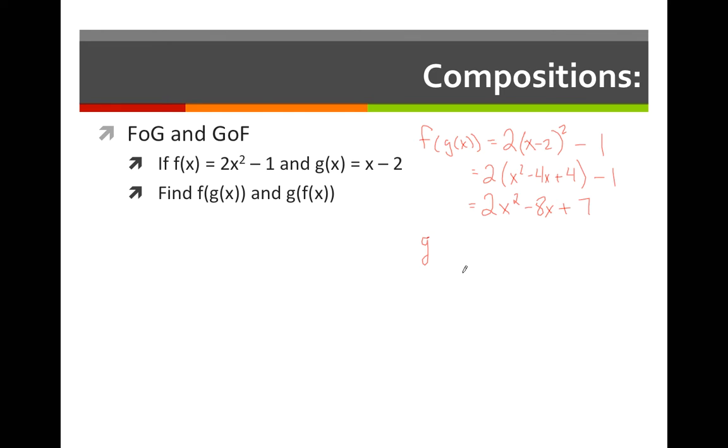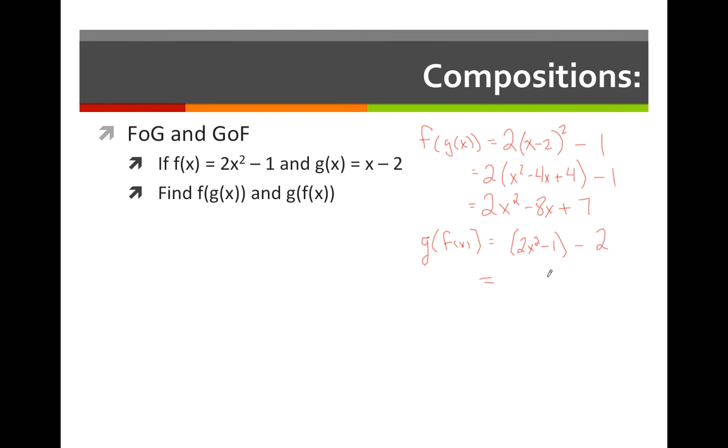Well, let's just see. g of f of x. I'm going to take f of x and plug it in for x in g of x. Well, g of x says take x, which is now 2x squared minus 1, and subtract 2 from it.